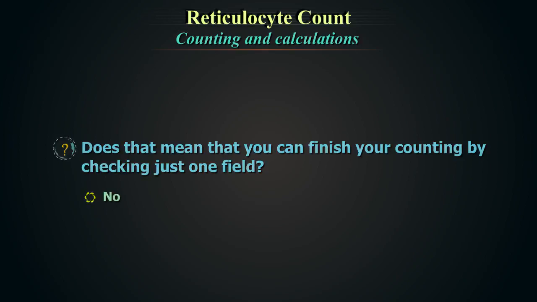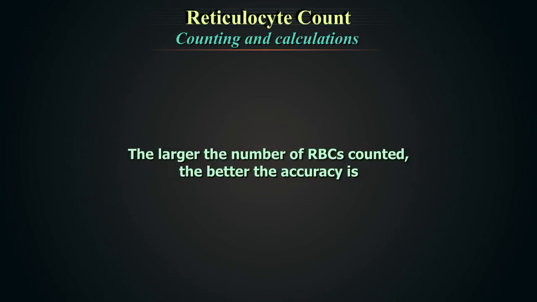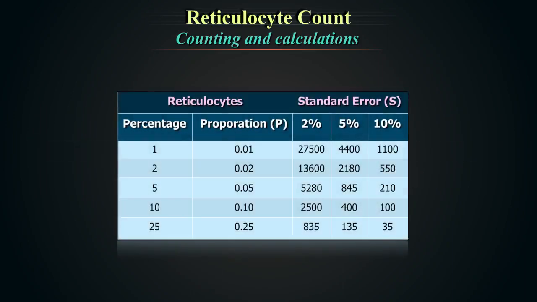By no means. The larger the number of red blood cells counted, the better is the accuracy. If you see the table, it says how many red blood cells are needed to be counted for an error of 2, 5 or 10% with varying reticulocyte percentages. The percentage error increases as the percentage count decreases, necessitating the counting of more red blood cells.